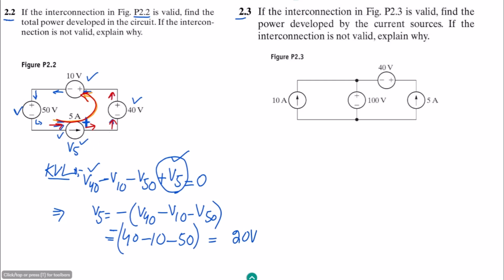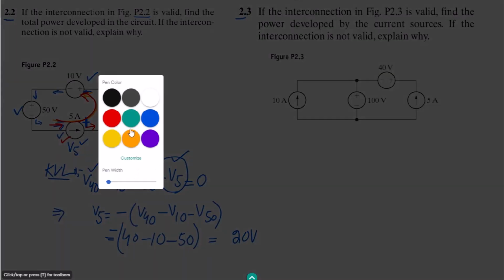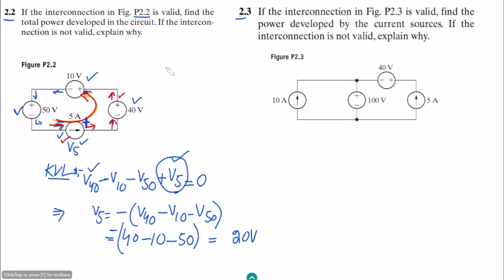So this V5 and this V40, both of them are developing sources. So in order to find the value of it, PD is equal to what? PD is equal to the power developed across this 5 ampere source plus the power developed across this 40 volt source.